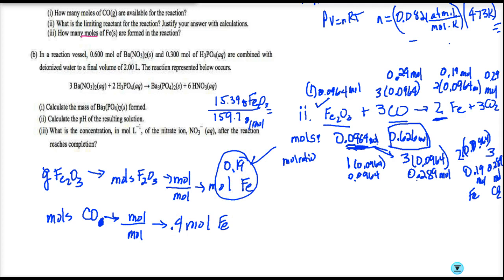What maybe you didn't understand to do, and that's part of this learning process, is how to answer this question. What is the limiting reactant for the reaction? So just to do this and check this and say this is the limiting reactant does not suffice. This requires a sentence. Justify your answer with calculations. This is your supporting information, but not your answer.